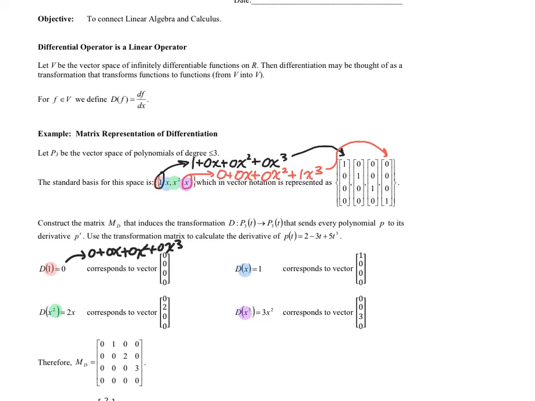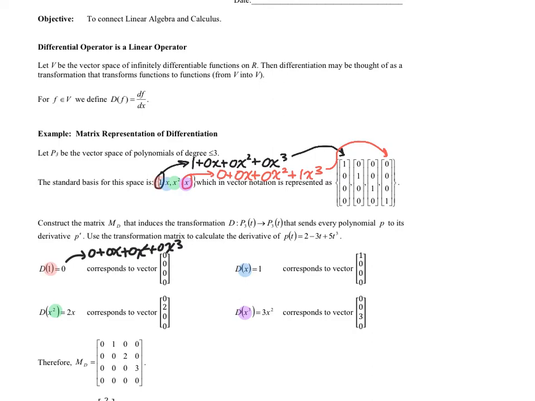It's kind of weird to think of the connection between these two things, but we're thinking of this matrix as sort of along the same lines as the eigenspace, but just related to derivatives, because we're taking the order that we have our derivatives, going from 0 to the 1 to the 2x to the 3x squared, and putting the vectors in that same order, to correspond with the way the derivative would play out for this particular space.